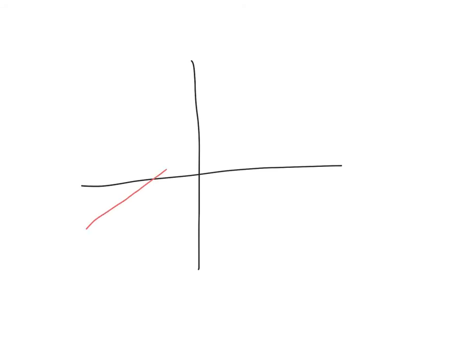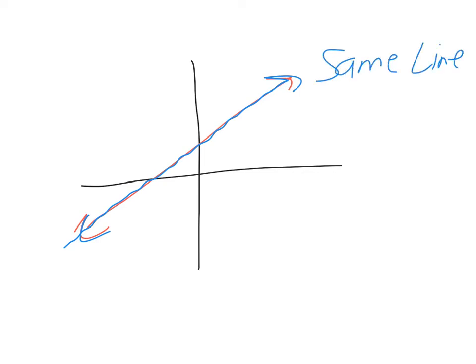The other situation that could happen is this situation. You graph the first line, and when you go to graph the second line, it's exactly the same line. That means both equations were exactly the same. So this is where they are the same line. And if that's the case, how many solutions do they have? That's right.